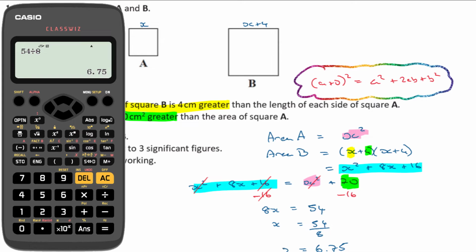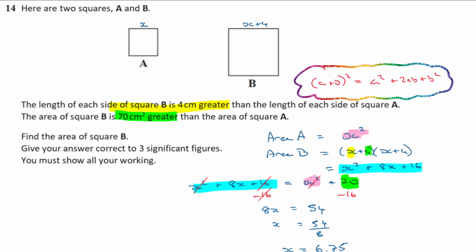Okay, so we're not quite done, are we? If x is 6.75, remember we wanted to find the area of square B. Now, we found x, which is the length of side A, so that's 6.75. So that means that the length of side B, which is 4 centimeters more, must have been 10.75.